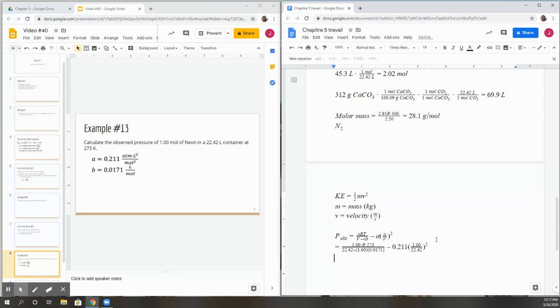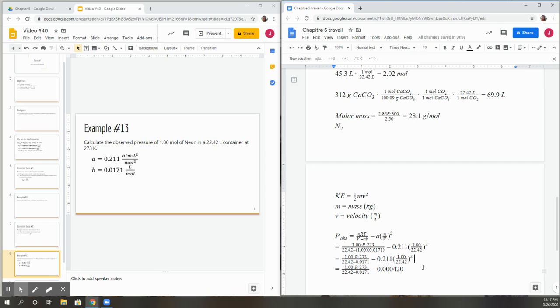Okay, so now I'm going to do this step by step. The first thing I do is I take care of this. I multiply this out, and I get 0.0171. The next thing I do is I take this factor here and multiply it. I'm going to round it to 3 significant figures because it's just multiplication here.